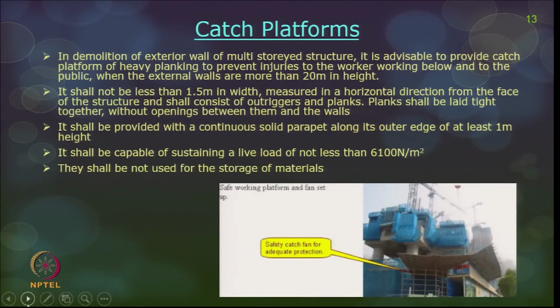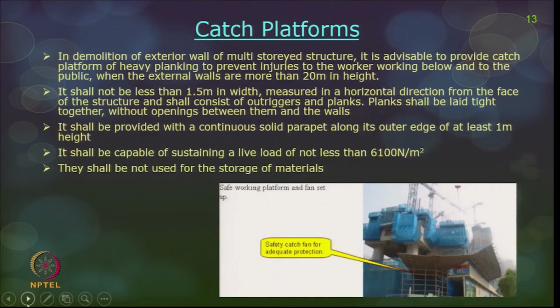Catch platforms. Sometimes there are a lot of catch platforms, especially when you are doing a multi-storied building, and these catch platforms are actually outside the structure in order to collect all your debris. So, in demolition of exterior walls, especially in multi-storied structures, it is advisable to provide small catch platforms of heavy planking to prevent injuries to the workers working below and to the public when the external walls are more than 20 meters in height.